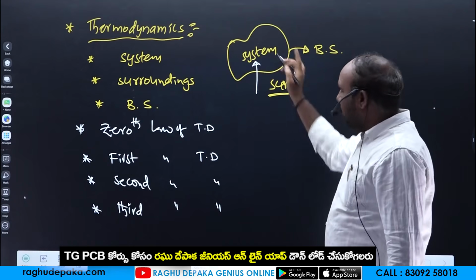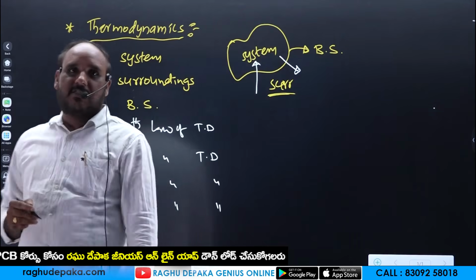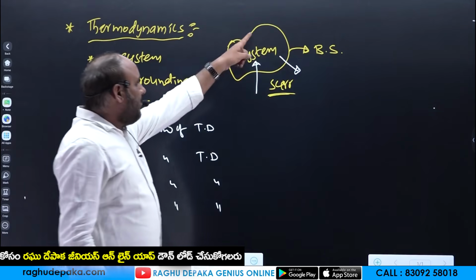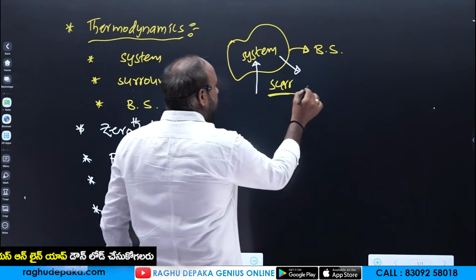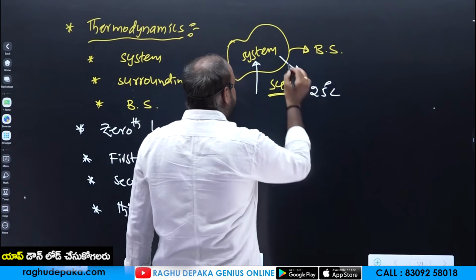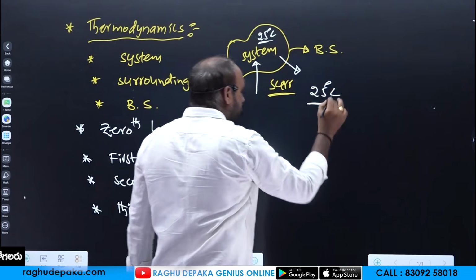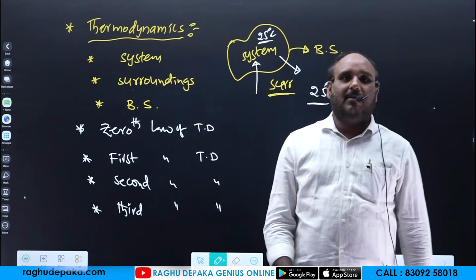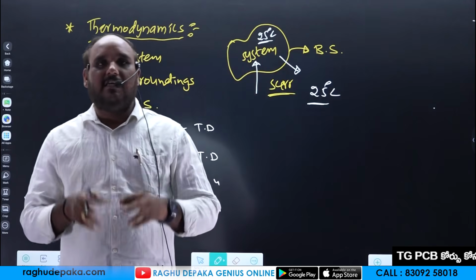Here heat will be exchanged between the system and surroundings. Whenever the system and surroundings are at the same temperature, for example the surroundings are at 25 degrees centigrade and the system is also at 25 degrees centigrade, they are in equilibrium.